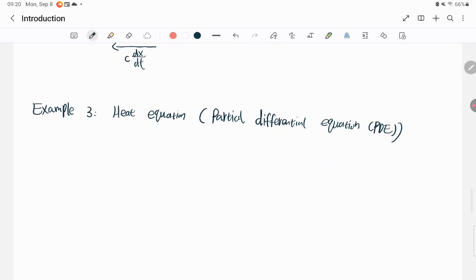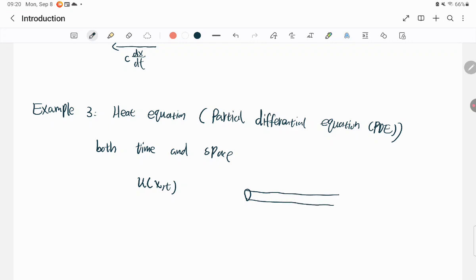So finally, for systems that vary both in time and space, we use partial differential equations. For example, the heat equation describes how temperature u(x,t) spreads along a rod.